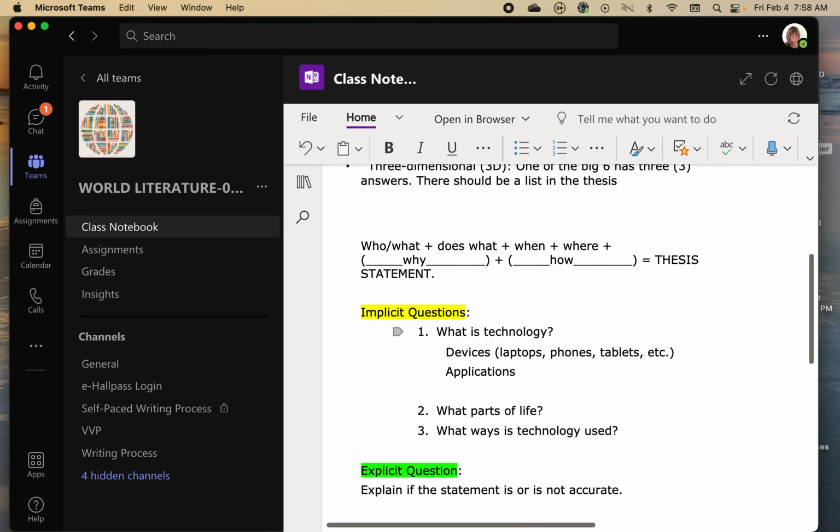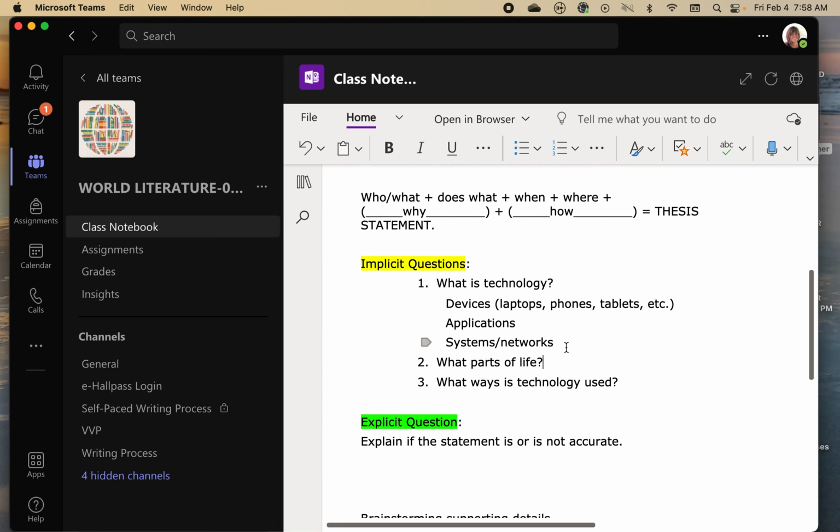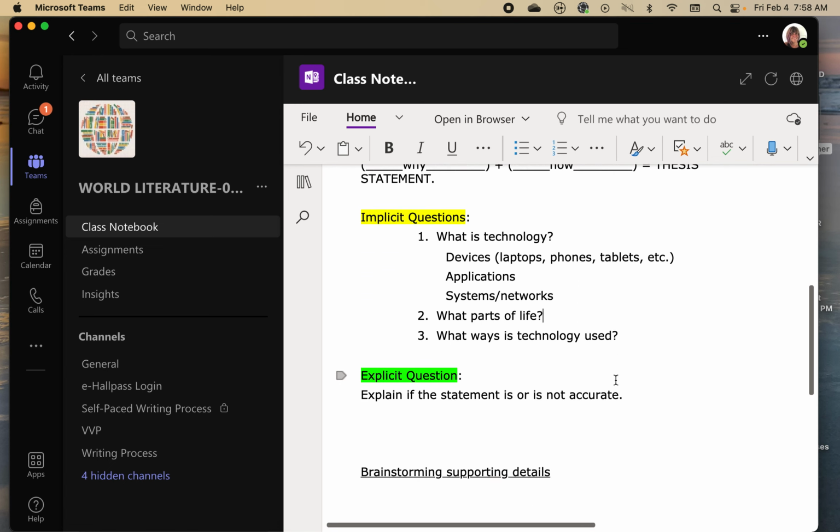It might be the systems in place. Networks, I think, is another term for that. So this is me starting my brainstorming process to answer that question. Okay, so that's the first thing that you're going to do.